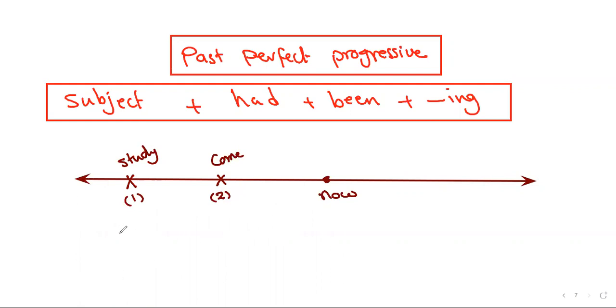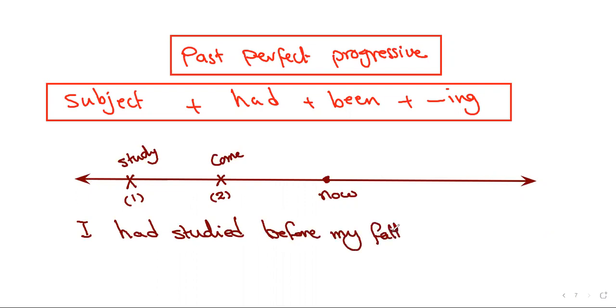I can say I had studied before my father came. And as you know, before is followed by past simple, and the other part of the sentence is past perfect. I had studied before my father came.